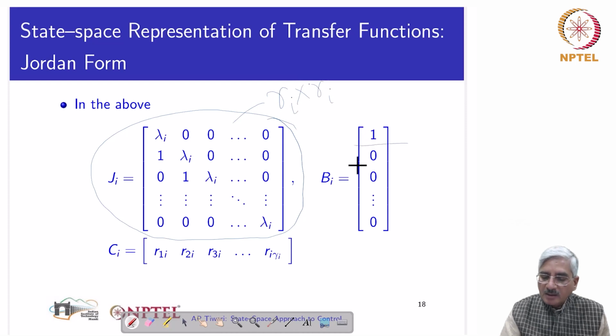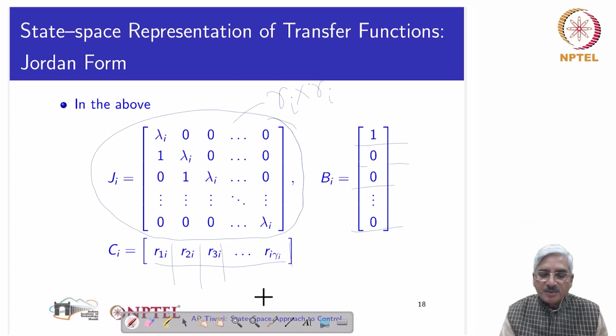This has gamma I number of rows like this, and these are the gamma I entries like this. So this is how the system gets represented in the Jordan form when the roots of the denominator, or poles of the system, have multiplicity, repetition.